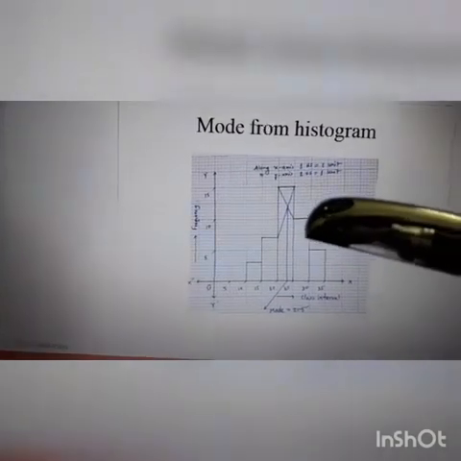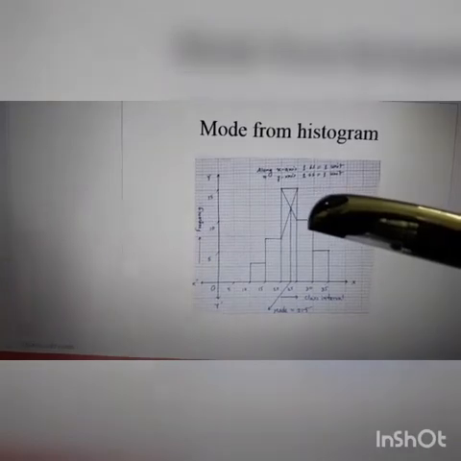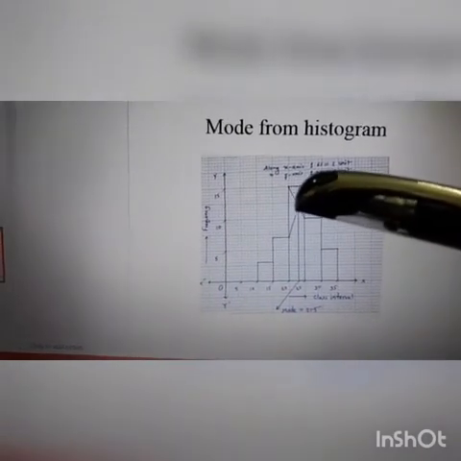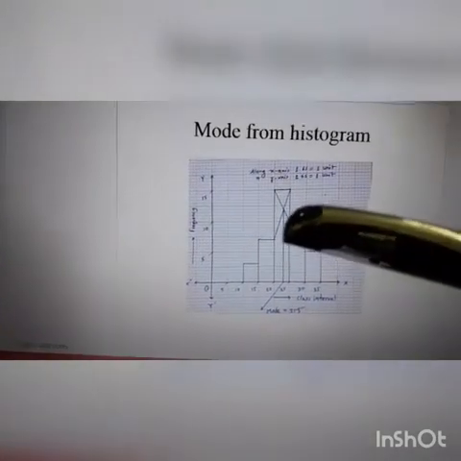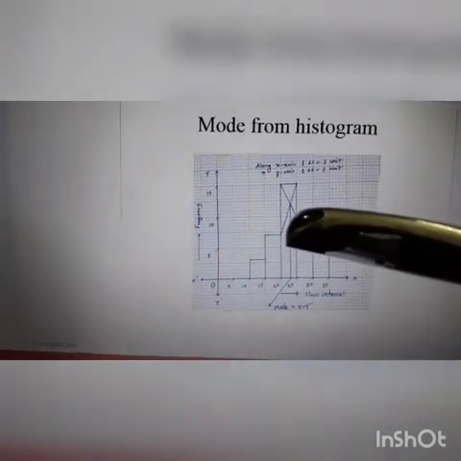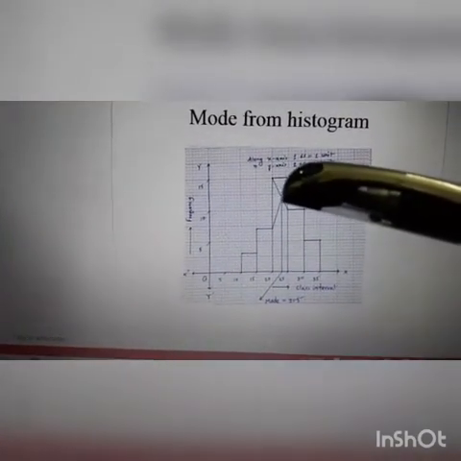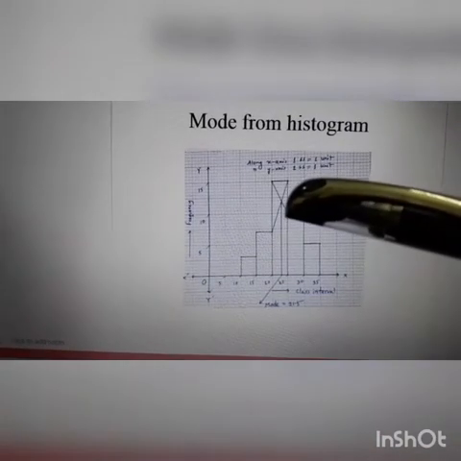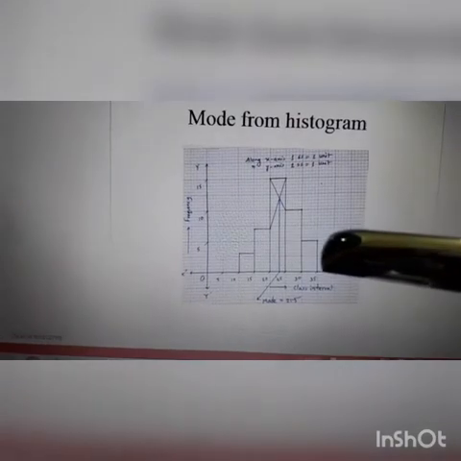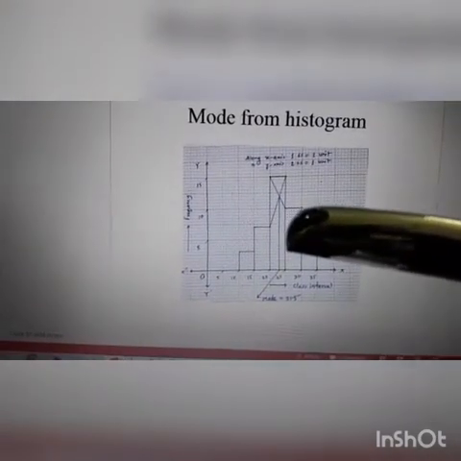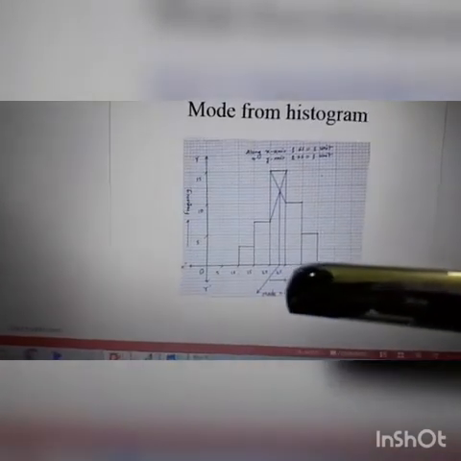The top left point of the highest rectangle is joined to the top left point of the next rectangle, and the top right point of the highest rectangle to the top right point of the previous rectangle. As a result we get two line segments, which intersect each other at a point. From this meeting point we draw a perpendicular to the x-axis, and the point where it intersects the x-axis is the required mode.